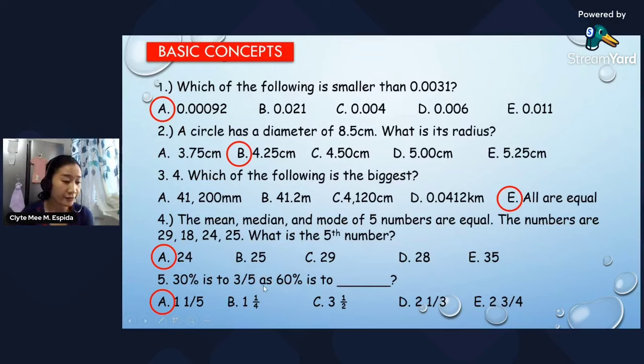So 3/5 times 2, that becomes 6/5. So from improper fraction, you could write it into mixed numbers, that is equal to 1 and 1/5. So the correct answer is letter A. That is 1 and 1/5.